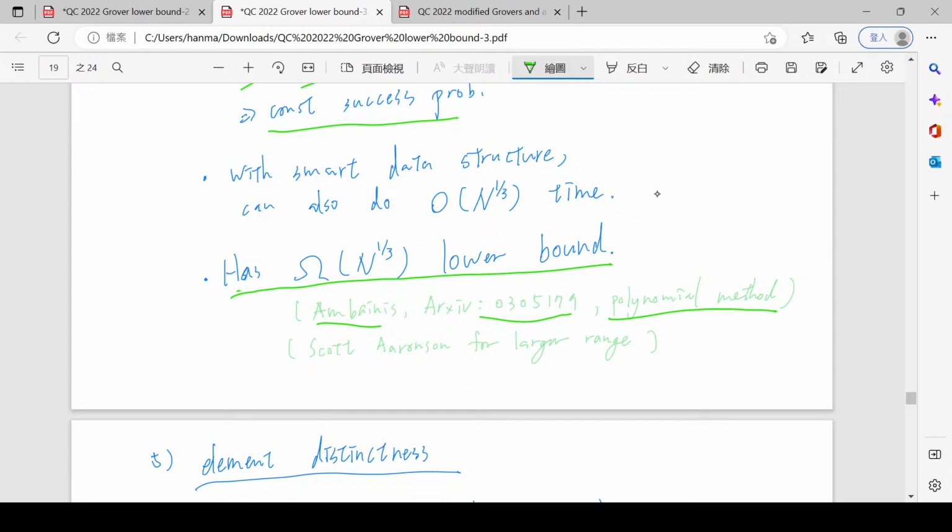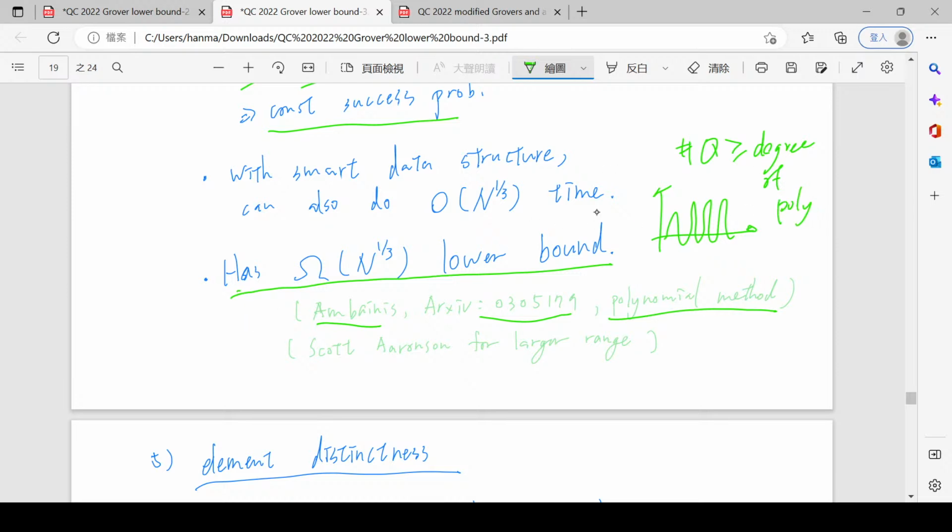It tracks the success probability of your quantum algorithm as a polynomial, and says that the degree of your polynomial is upper bounded by the number of quantum queries you use in your quantum algorithm.